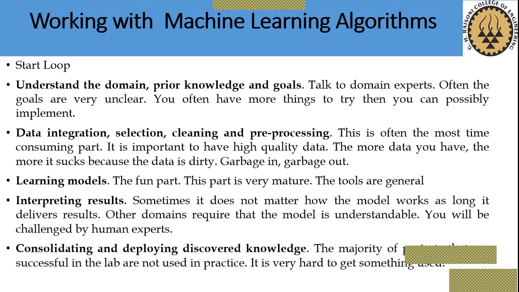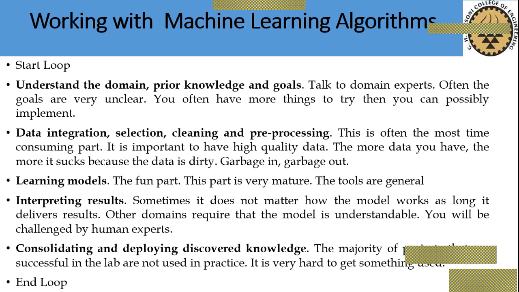The last stage is consolidating and deploying the discovered knowledge. Once you have completed all the tasks, you have to deploy whatever information you received through machine learning in your project. This is the end of your loop.